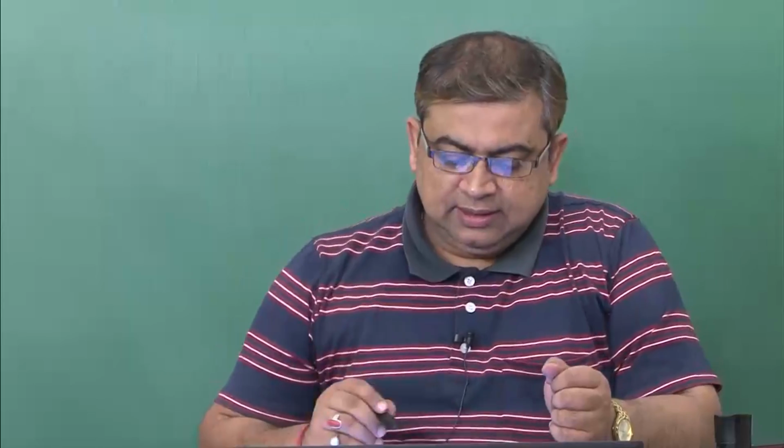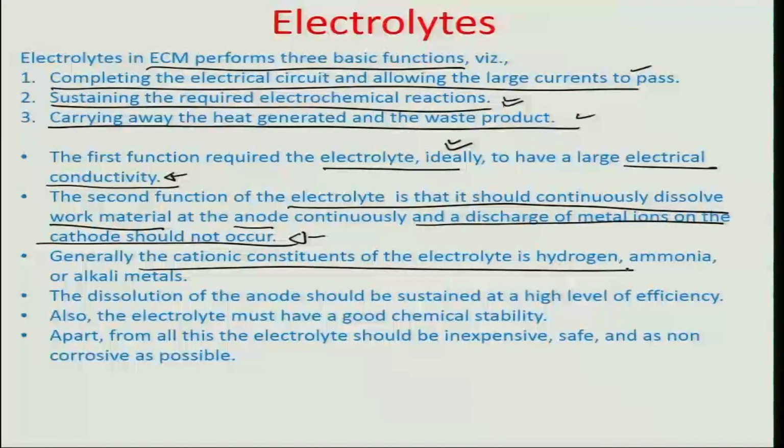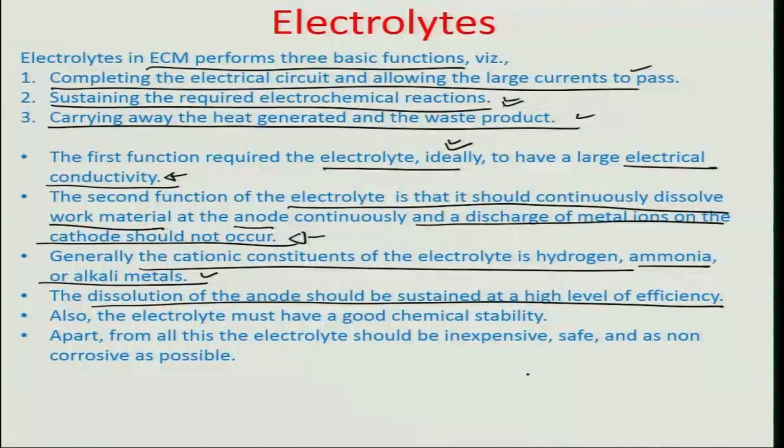So generally the cationic constituents of the electrolytes are hydrogen, ammonia or alkali metals. So by and large the dissolution of the anode should be sustained at a high level of efficiency. Hydrogen of course is also an agent which can in dissolved state reduce the conductivity of the electrolyte.